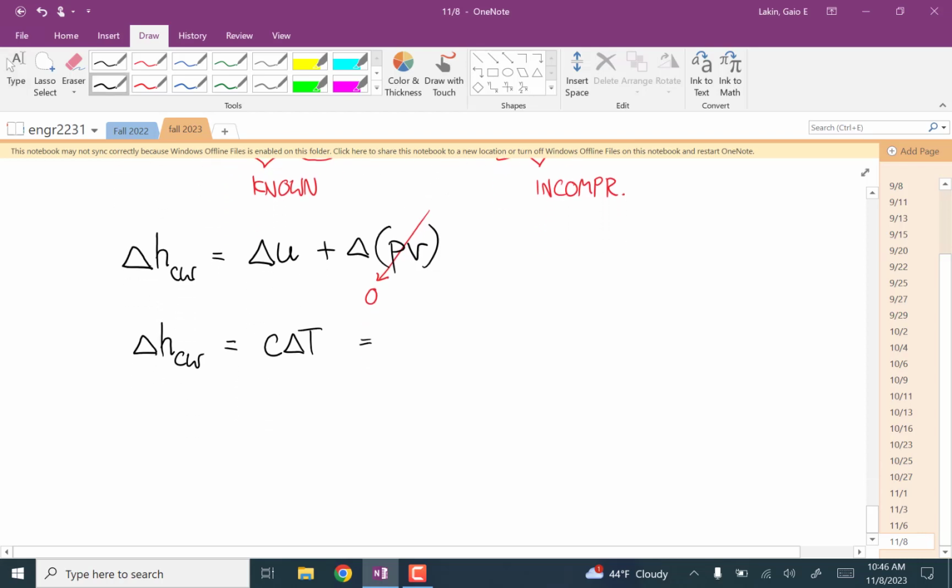And that is 4186 times, we were given that the cooling water comes out at 35 degrees Celsius and goes in at 15. So this is 83,720.